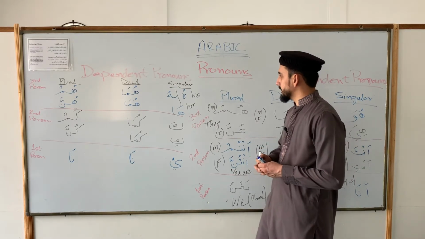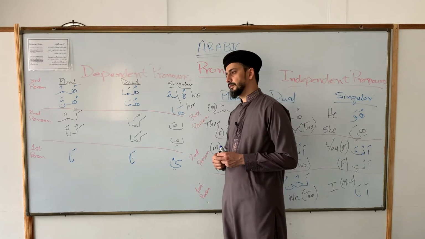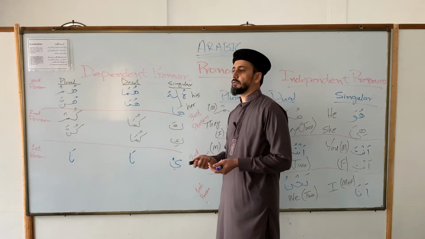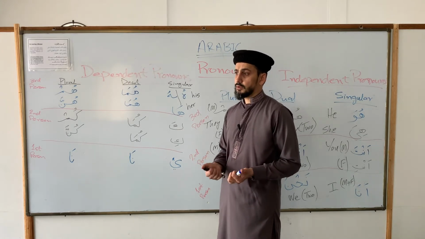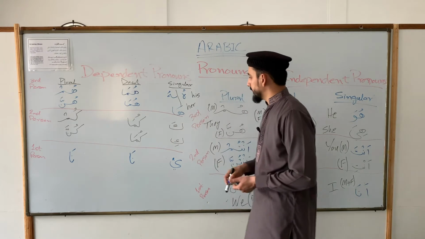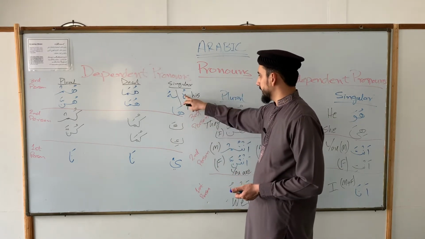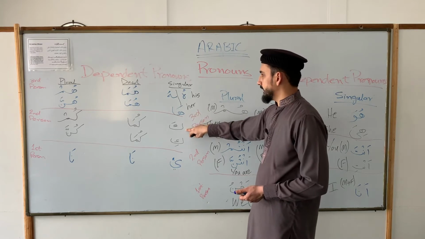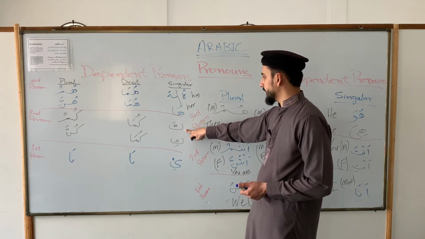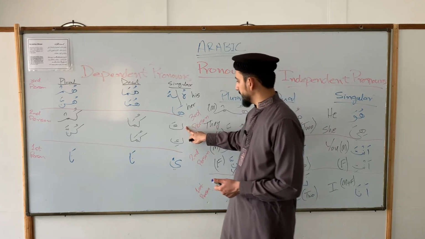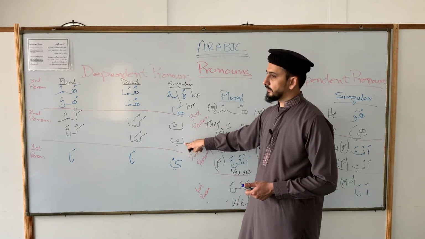When you join it with another word, when we want to say her book or his book, what do we have to use? We have to use these ones. Hu means his, ha means her. Then in the second person, singular, ka means your, this is for the male, and ki means your, this is for the female.